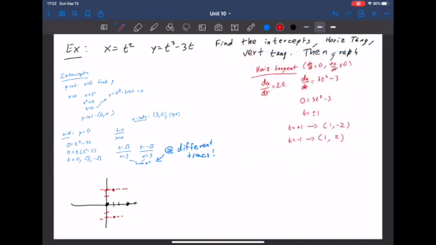Okay. Last but not least, dx/dt equals 0 to find the vertical ones, dy/dt not 0. So we'd have 2t equals 0, t equals 0.